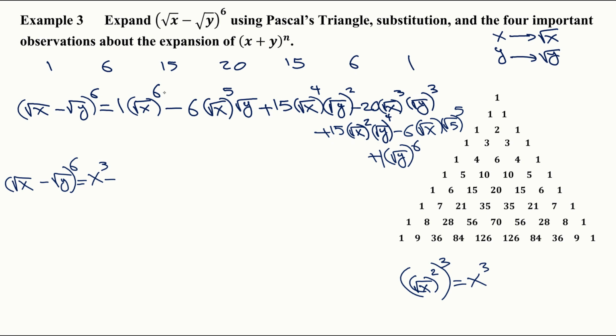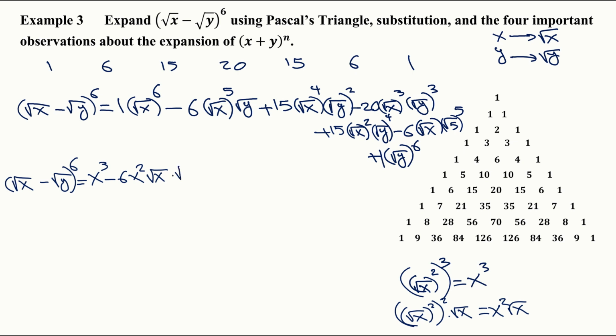So that's like saying square root of x squared, that takes care of square root of x to the 4, that still leaves one square root of x, right? Now we know square root of x squared is just x, so we get x squared radical x. So minus 6x squared radical x, and then there is a radical y.